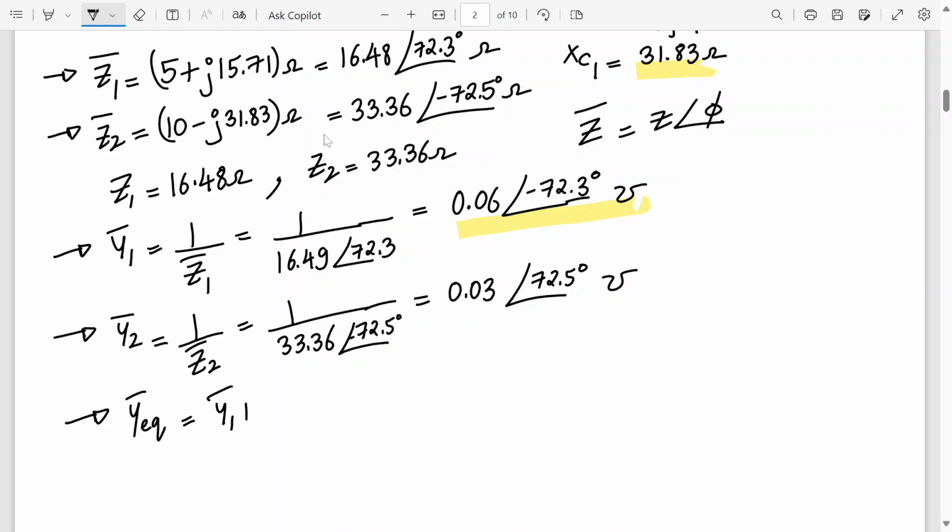It's y1 plus y2. So can we add y1 and y2 in polar form? No. So let's convert this into rectangular form because it cannot be added. So convert this 0.06 angle minus 72 into the rectangular form. How much is it? 0.57.